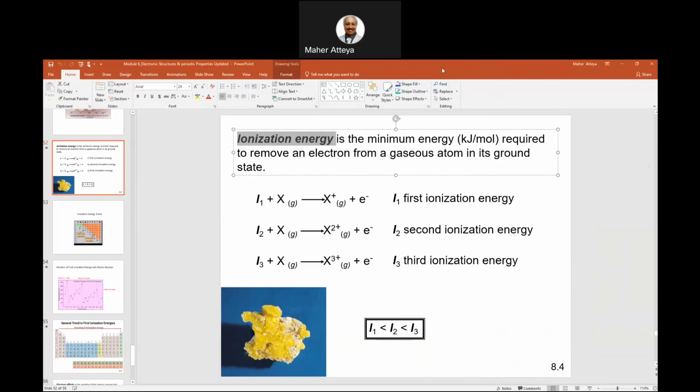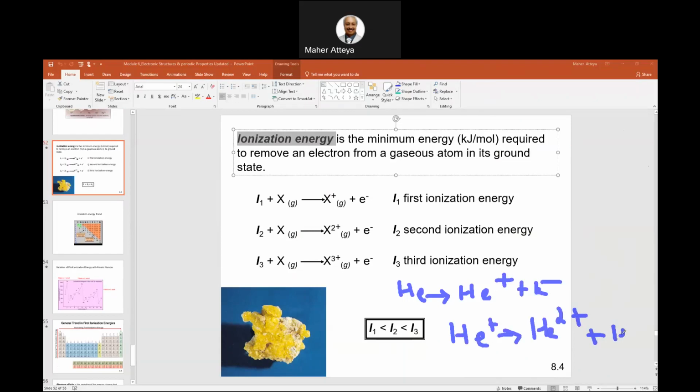So here it is, helium goes to helium plus one electron, and helium plus goes to helium two pluses plus one electron.